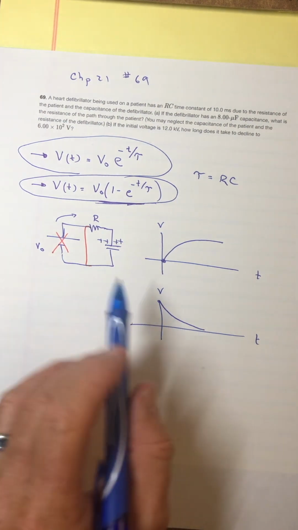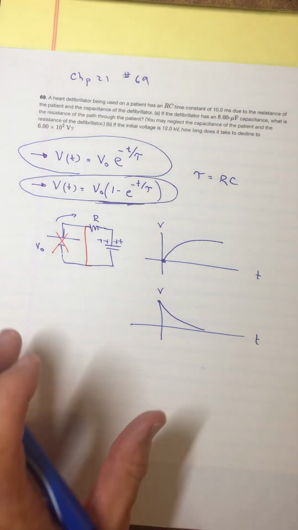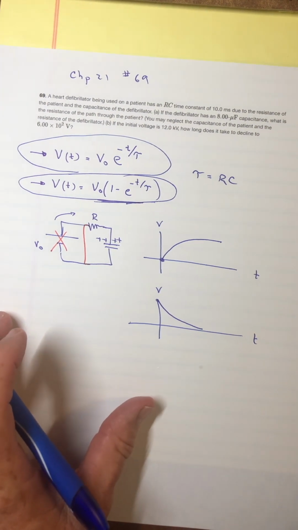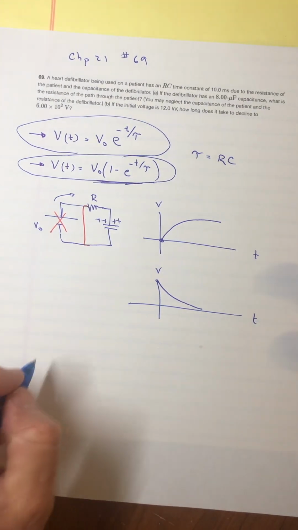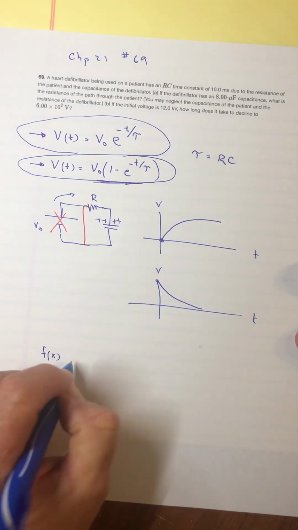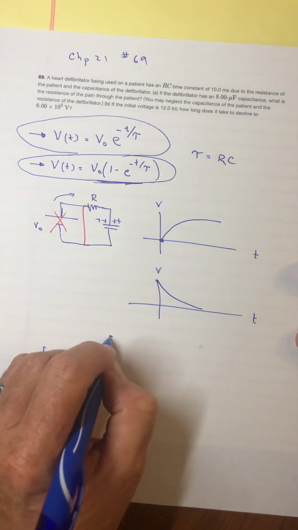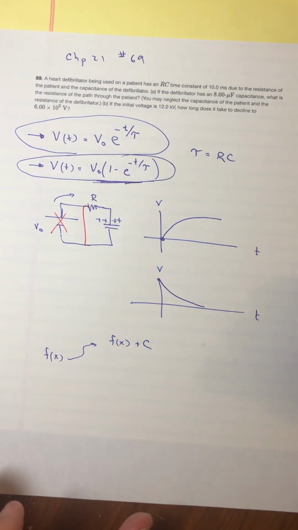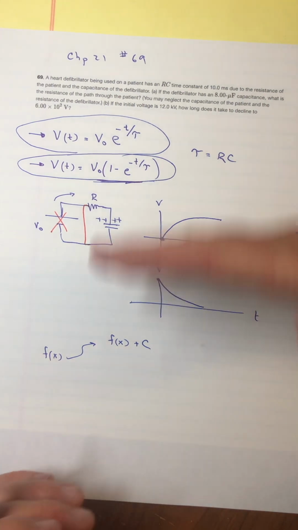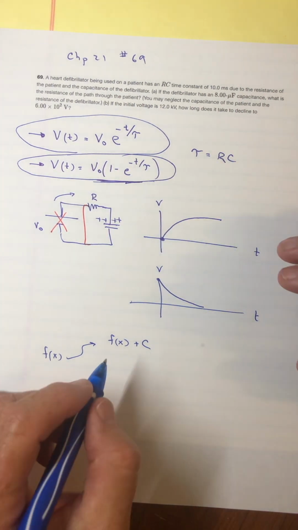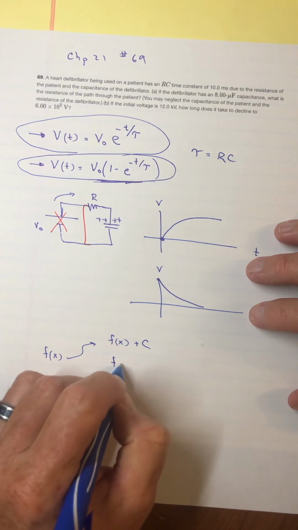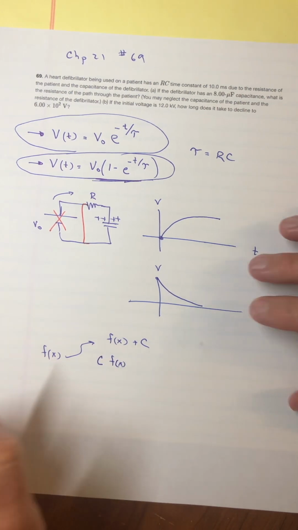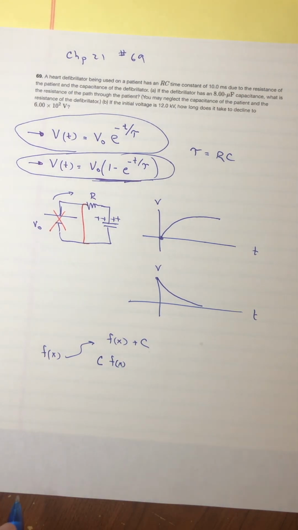Now, as a side note, you can see that in the mathematics, if you remember from your pre-calculus, where you would work with functions, you would have things like f of x, and then you could take that function and add a constant to it. That shifts things up and down. You could also take a function and multiply it by something out in front, and that's really the difference between these two.